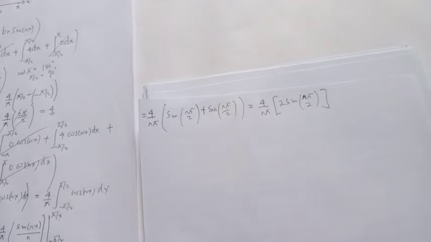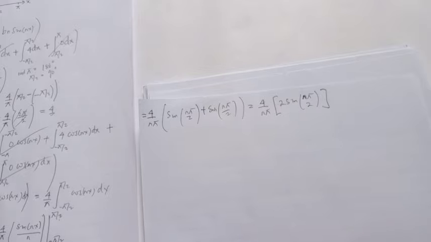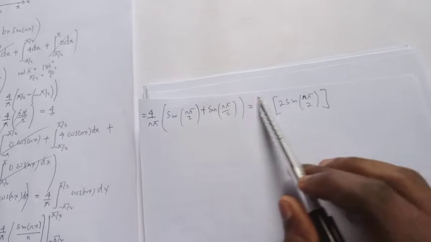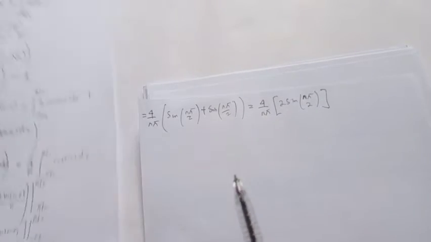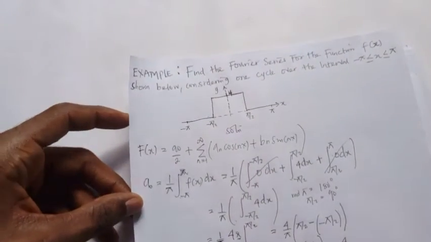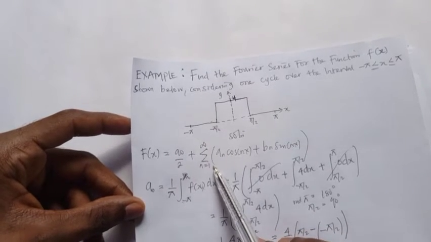We have to know what this function will be like for each value of n, and remember that the summation of n is from 1 to infinity.